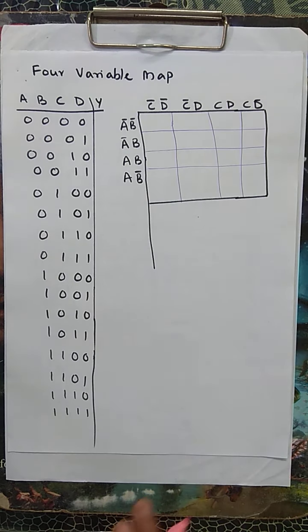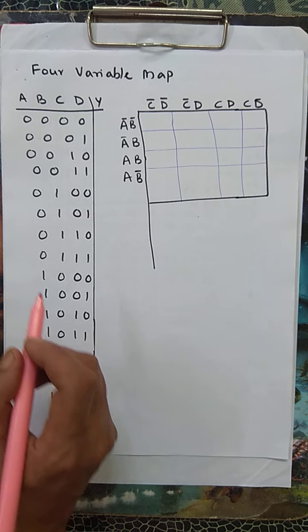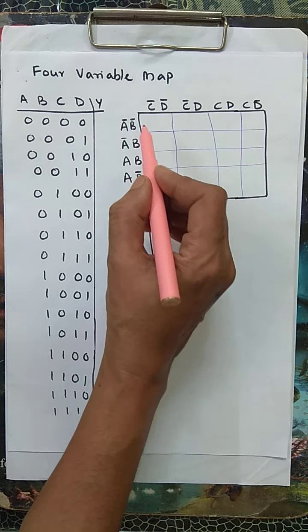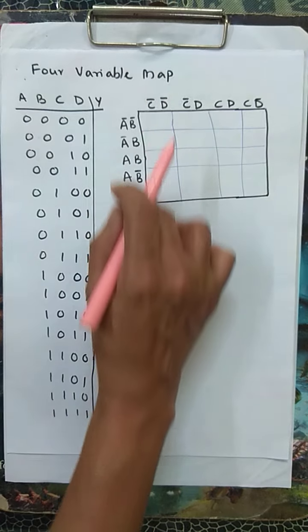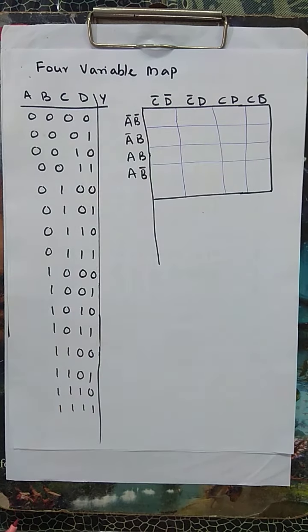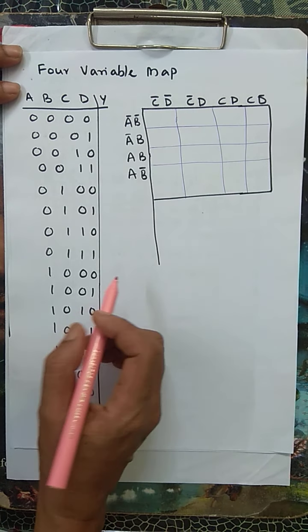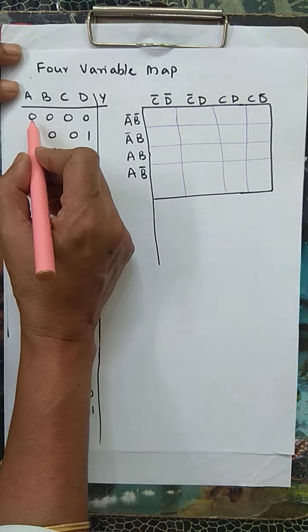Now let us take the case of a 4-variable map. I have A, B, C, D as the 4 variables. I can write down A, B variables along the vertical, C, D variables along the horizontal. Just like you did for the 3-input case, you can do for the 4-input case.